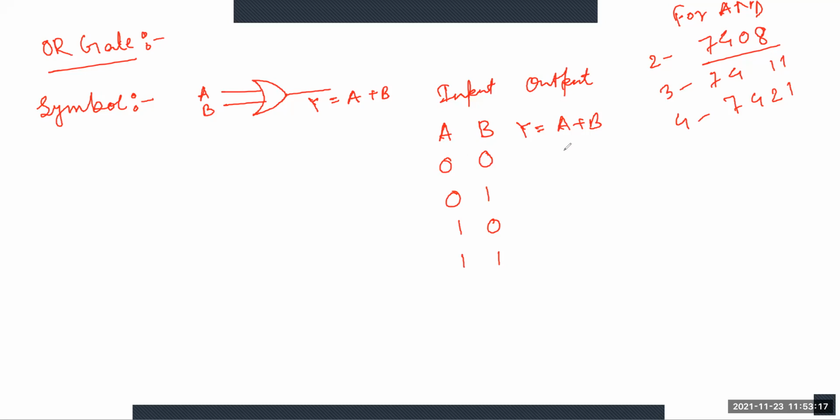From 0 0 the output is 0, 0 1 gives 1, 1 0 gives 1, and then 1 plus 1. Earlier you saw that 1 plus 1 means 0, carry 1, but actually here this is the logic level. So 1 plus 1 means high or positive, so this is also 1. This is the truth table for the 2 input OR gate.